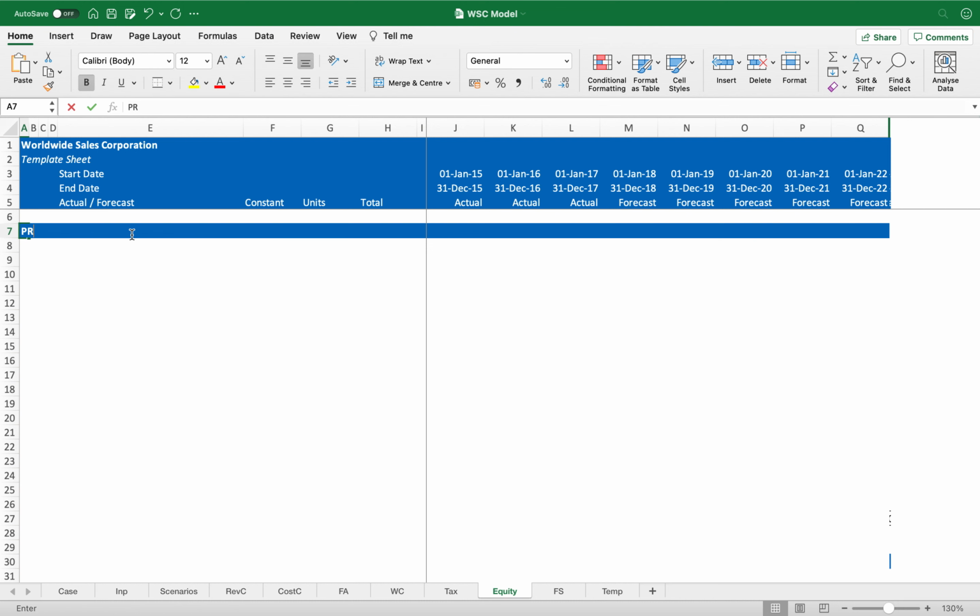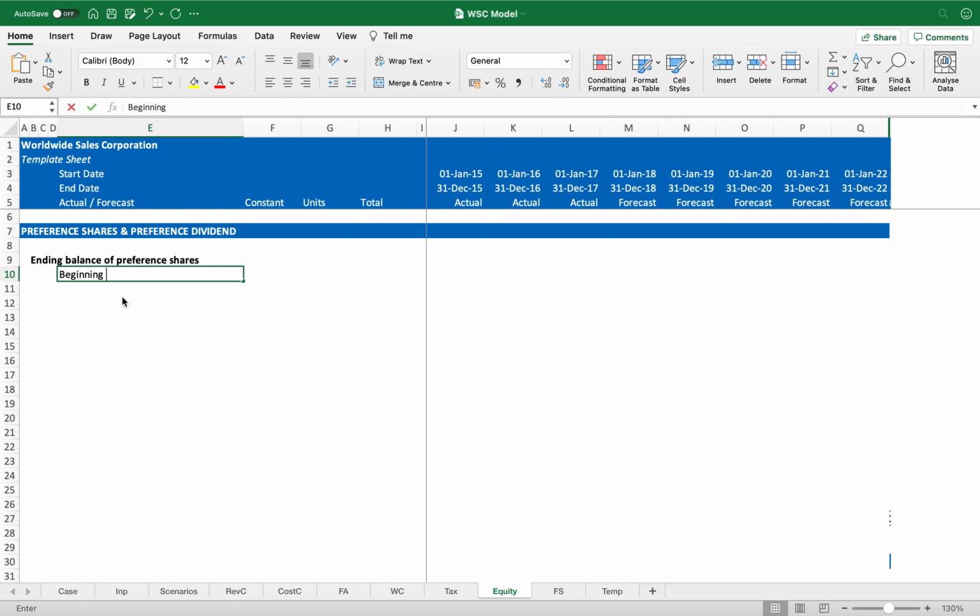So the first computation would be preference shares and preference dividend. Let's first compute the ending balance of preference shares. How can I get to the ending balance?